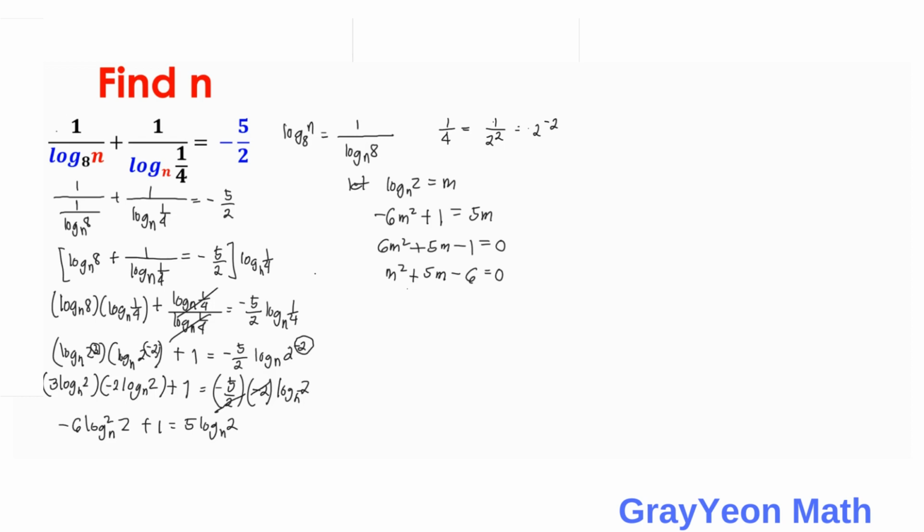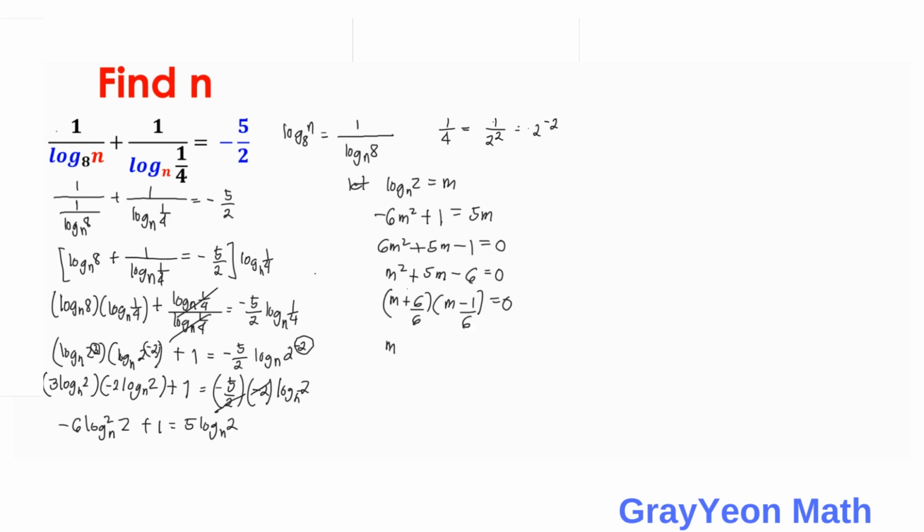And that is m plus 6 times m minus 1 equal to 0. Since we multiplied by 6, we need to divide by 6.